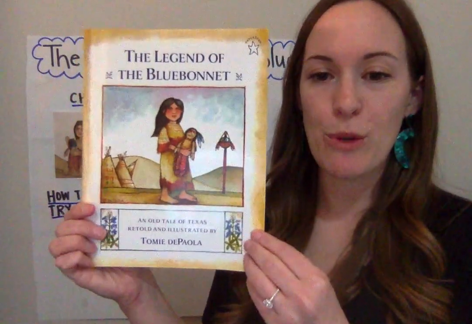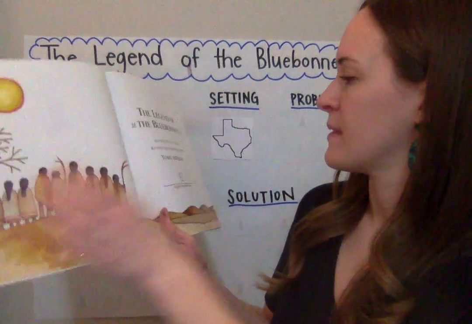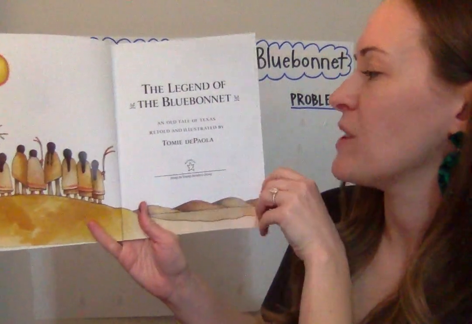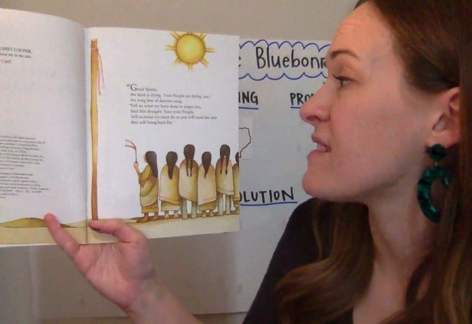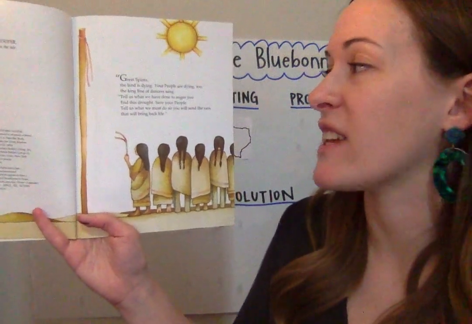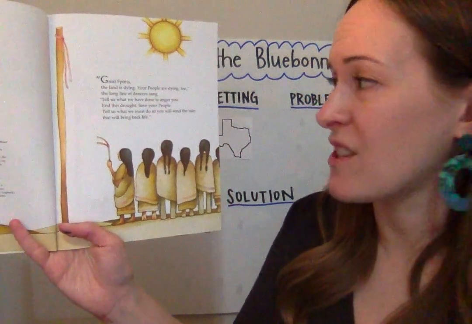The Legend of the Bluebonnet. An old tale of Texas retold and illustrated by Tommy dePaola. Great spirits, the land is dying. Your people are dying too, the long line of dancers sang. Tell us what we have done to anger you. End this drought.